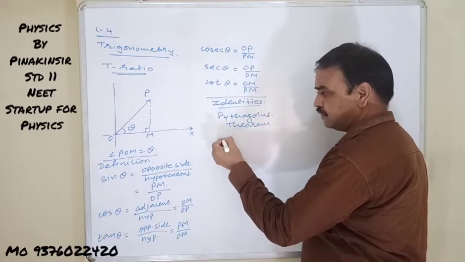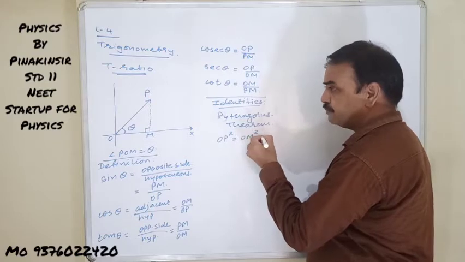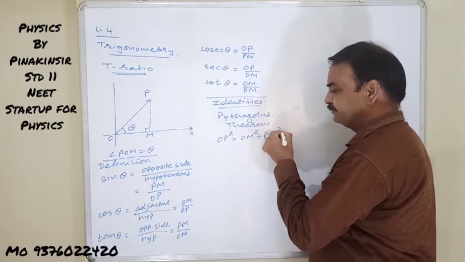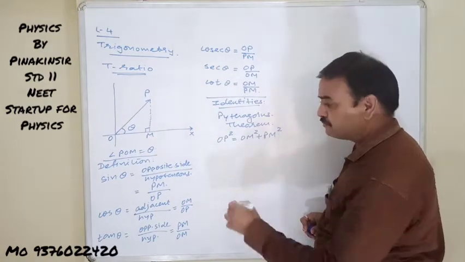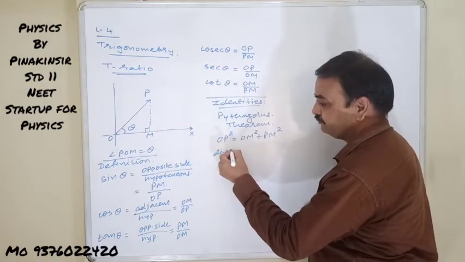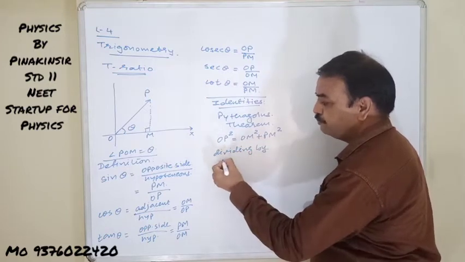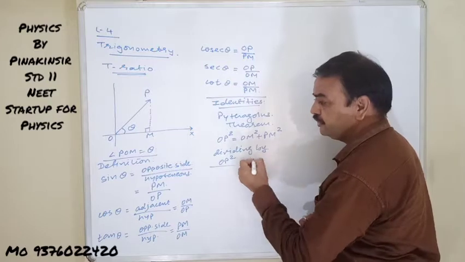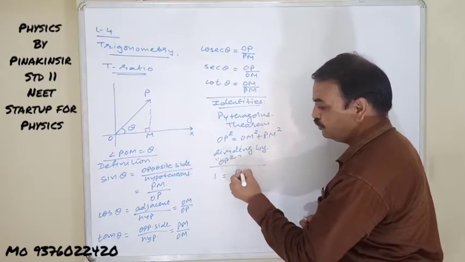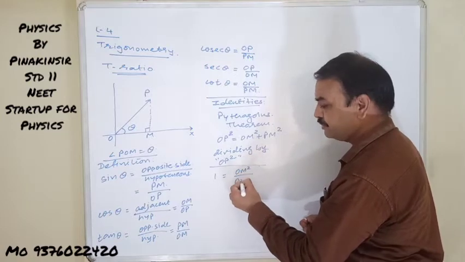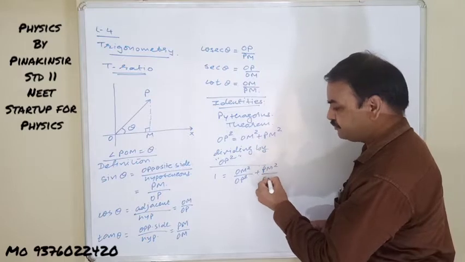In this figure it will be OP square is equal to OM square plus PM square. If we divide the total equation by OP square, you will get here 1 equals OM square divided by OP square plus PM square divided by OP square.